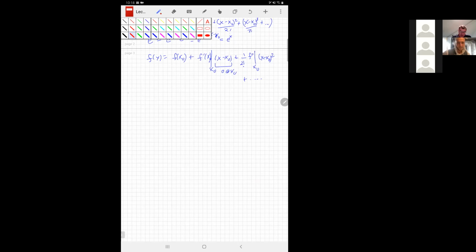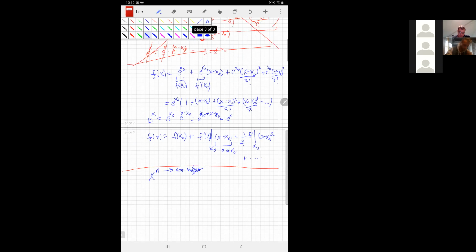Let's take another function and find its Taylor series. One function that might seem useless or pointless for a Taylor series is x to the n, because x to the n is a piece of a Taylor series. But remember that the Taylor series is made out of integer powers.